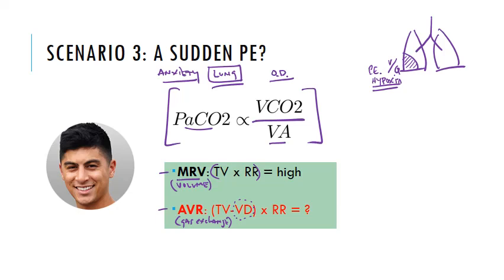So without talking about the body's compensatory response, let's just look and see what happens to the alveolar ventilation rate. The main thing that happens here is that dead space increases. So if a normal amount of alveolar air used for gas exchange is 350 milliliters per breath, perhaps there's only 300 or perhaps only 250 milliliters used now that we have this large VQ deficit on his right lung.